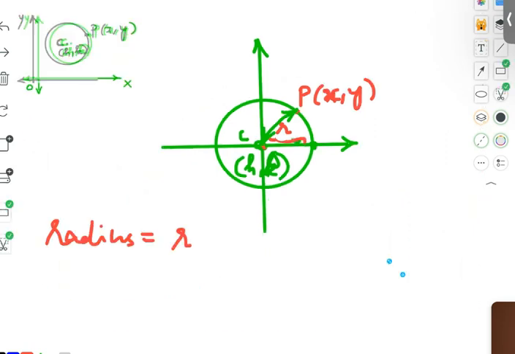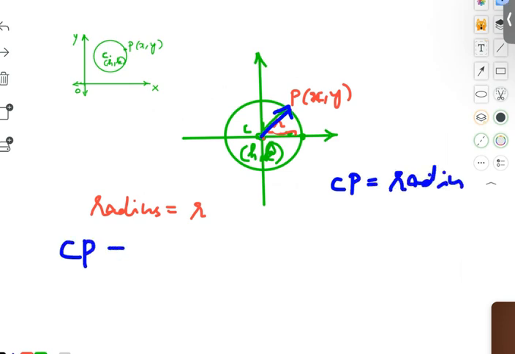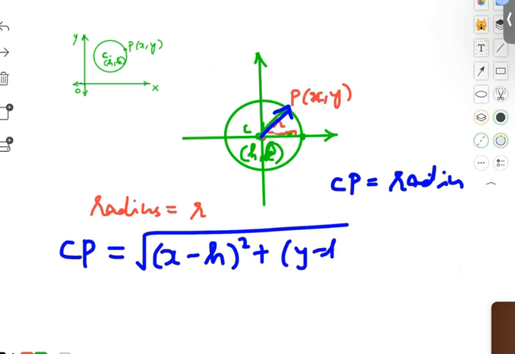The distance of the point P from the center is equal to the radius. So CP is equal to the square root of (x minus h) whole square plus (y minus k) whole square, and that is equal to r, the radius.